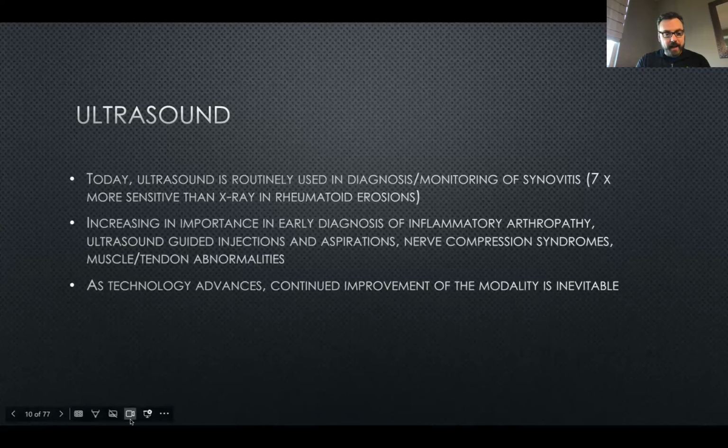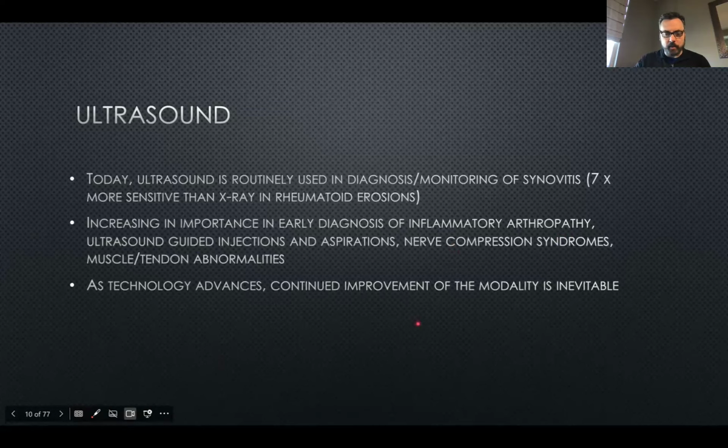And a big one here, I wish I could get my laser pointer out. Give me a second. This is a big one that I'll talk about, nerve compression syndromes. It's one of the few modalities where you could really pick up subtle nerve compression syndromes all over the body. Obviously, carpal tunnel is a big nerve compression syndrome, but they're all over the body, like tarsal tunnel syndrome.